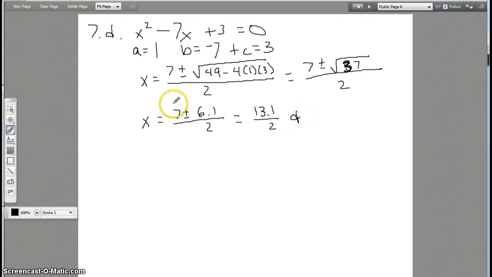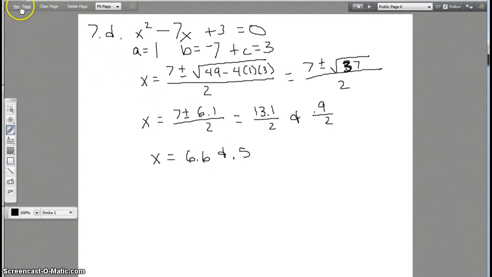And then our other value is 7 minus 6.1, which is 0.9 over 2. So our actual values for x here are going to be 6.6 and 0.5, because it says to give the answers to the nearest tenth.